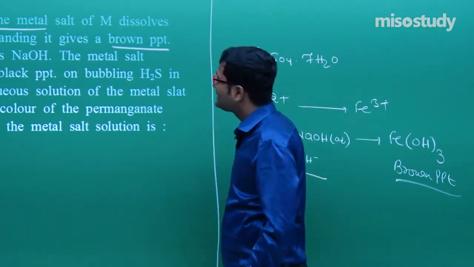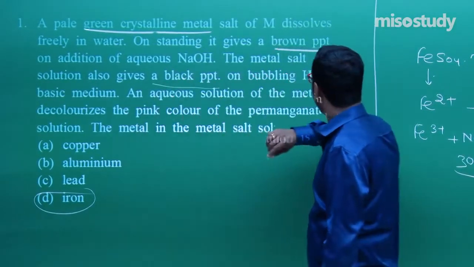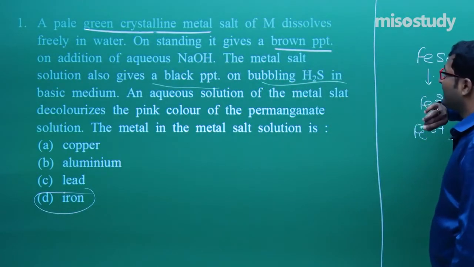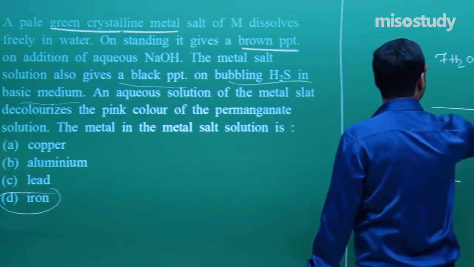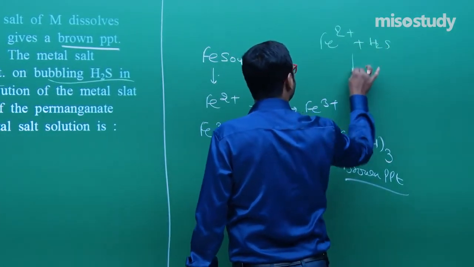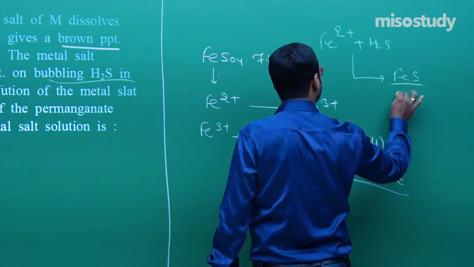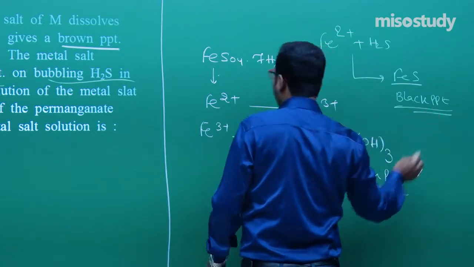Now read the question. The metal salt solution also gives a black PPT on bubbling H2S in basic medium. When Fe2+ is treated with H2S, it gives you FeS, and this FeS is a black PPT.